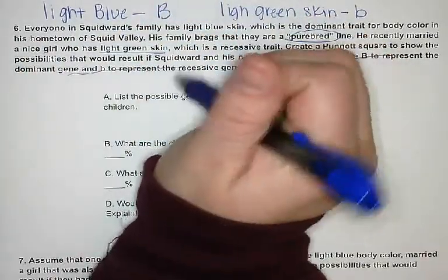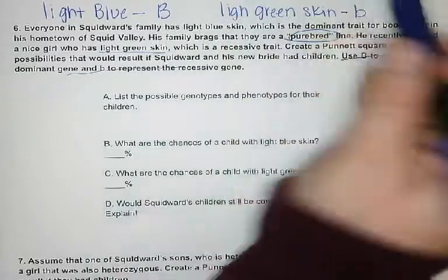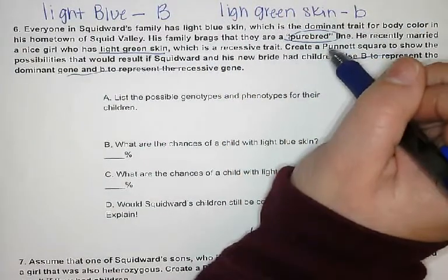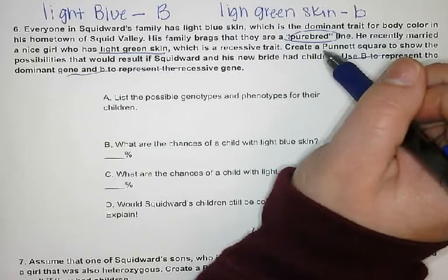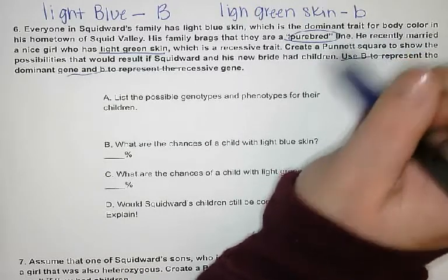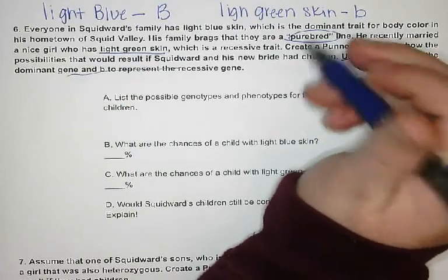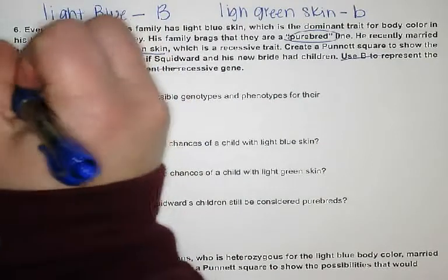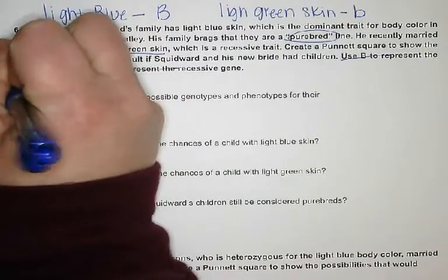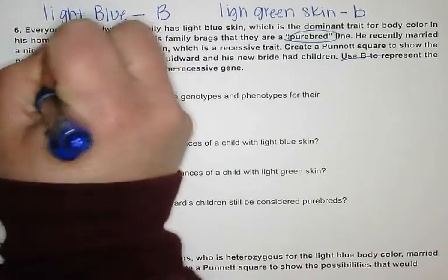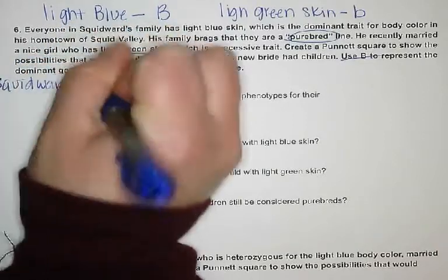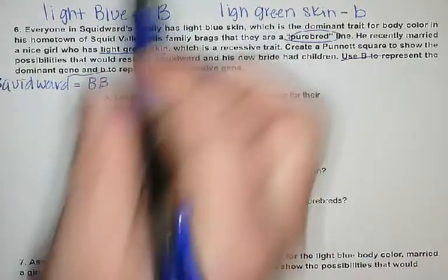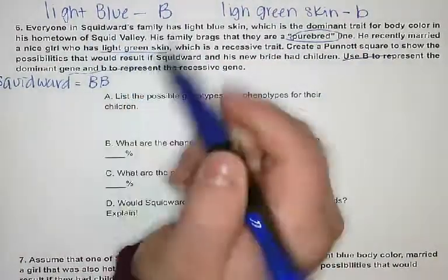So, if Squidward is purebred, his family brags that they are purebred. So, purebred is homozygous. So, Squidward is big B, big B, because he's homozygous dominant, because he's light blue.